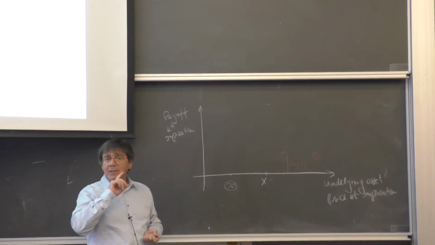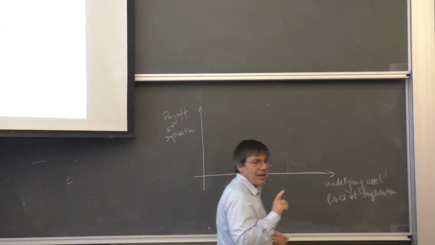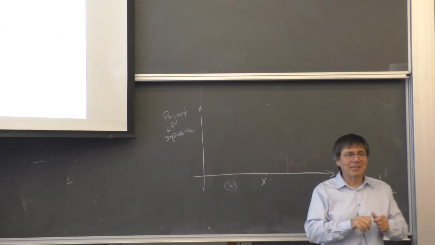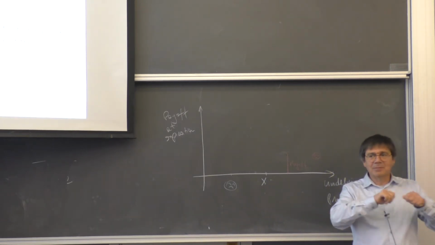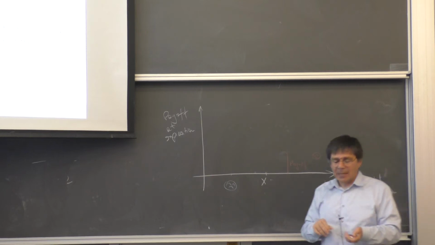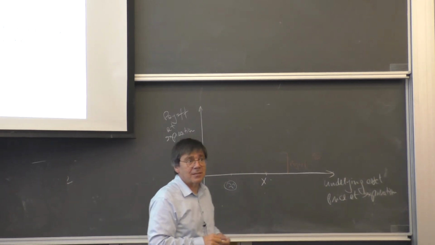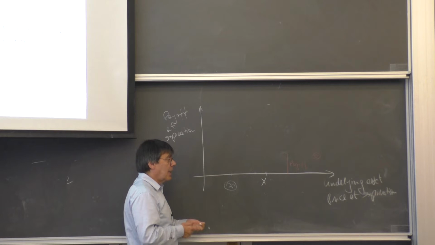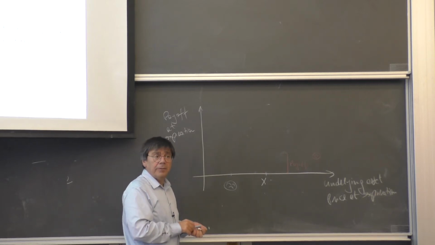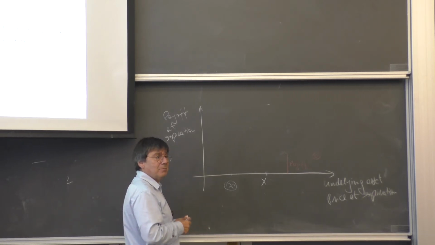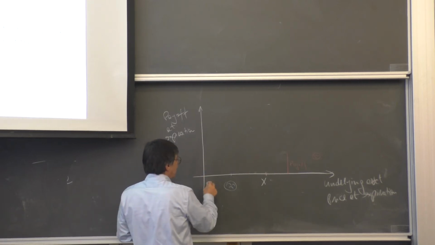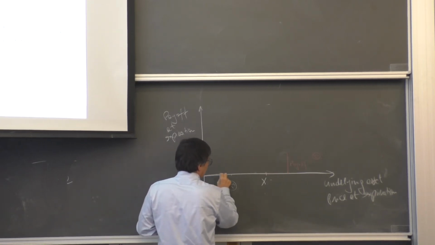But I don't have to buy this stuff. I have the right to buy this stuff for X. I don't have to. I can take my call option and tear it to pieces and throw it into the basket. I don't have any obligations. I just have the right to buy it. So what am I going to do? I'm not going to buy it. And if I'm not going to buy this asset, nothing is going to happen, and my payoff is going to be 0.